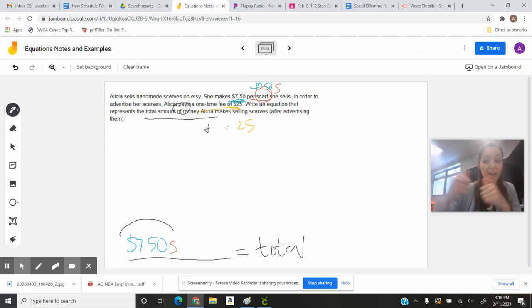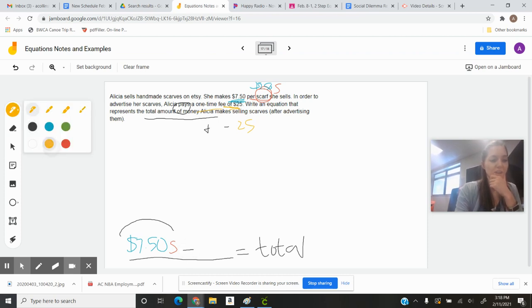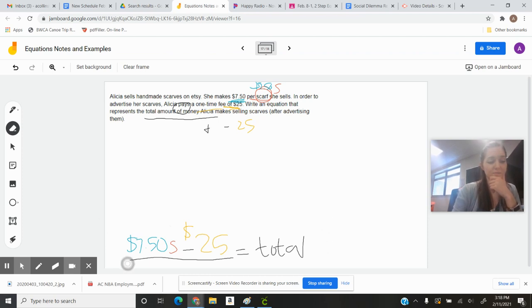Because she's paying, giving that money to the website or the advertiser, that tells me that we're going to be taking away that $25. All right. Let's see if there's any other information in our word problem that we need to take care of, and there's not, so this would be your answer.